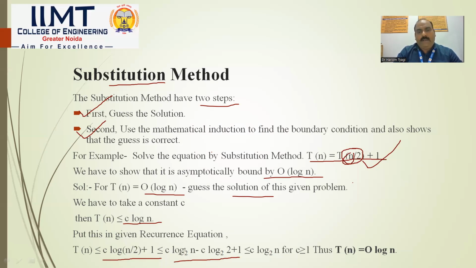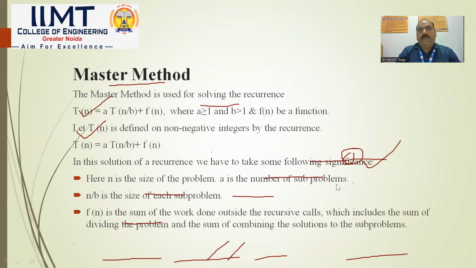So log n - log 2, with base 2, the same value and same base gives 1, and this cancels out the 1. Then we get log n, which means we have a right guess. The solution of this problem is log n. So this is the substitution method. Second one is the master method.